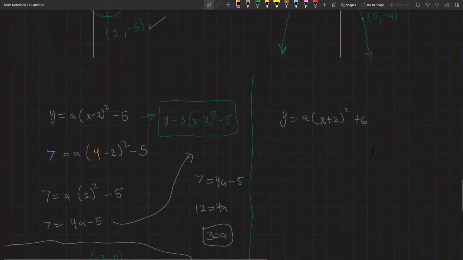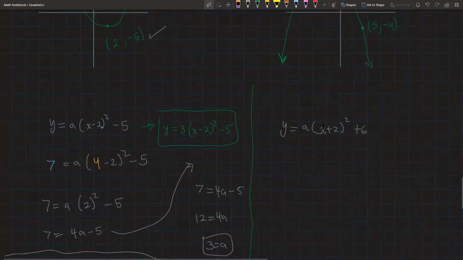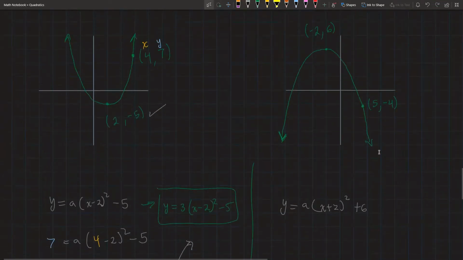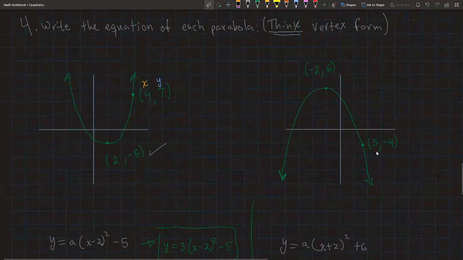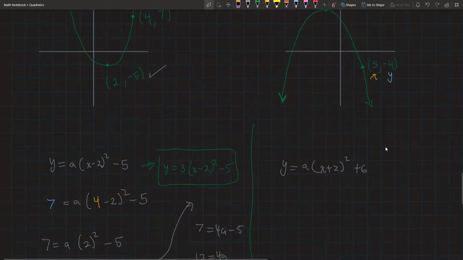And now we know that all we need to replace now is an x and a y value to solve for a. So we already used this point. We're yet to use x equals 5. And we're yet to use y equals negative 4. So negative 4 is going to be equal to the vertical stretch a times something squared plus 6.